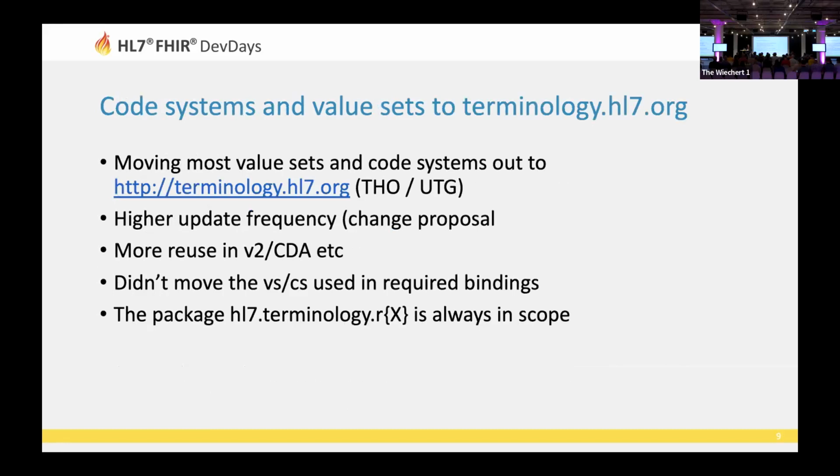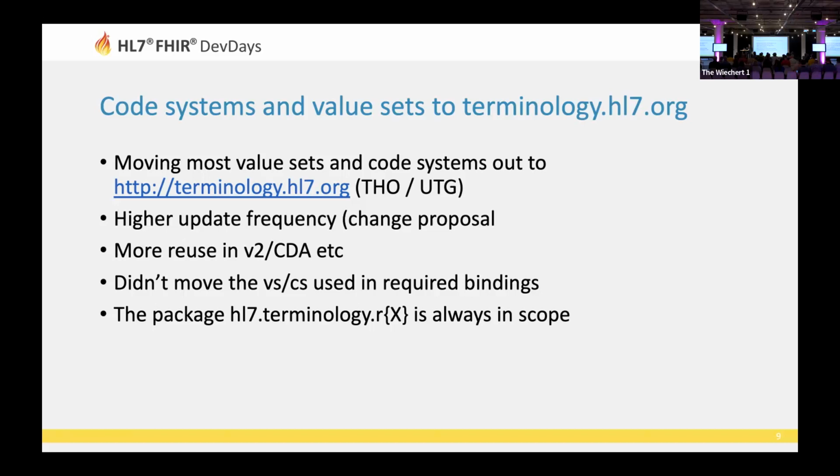Another thing we did was we moved most code systems and value sets out of the core into terminology.hl7.org. And we did that, again, for update frequency and for getting more reuse in other HL7 specifications. FHIR specifications liberally reuse terminologies out of version 2 and CDA, but they couldn't do the same for terminologies we defined.